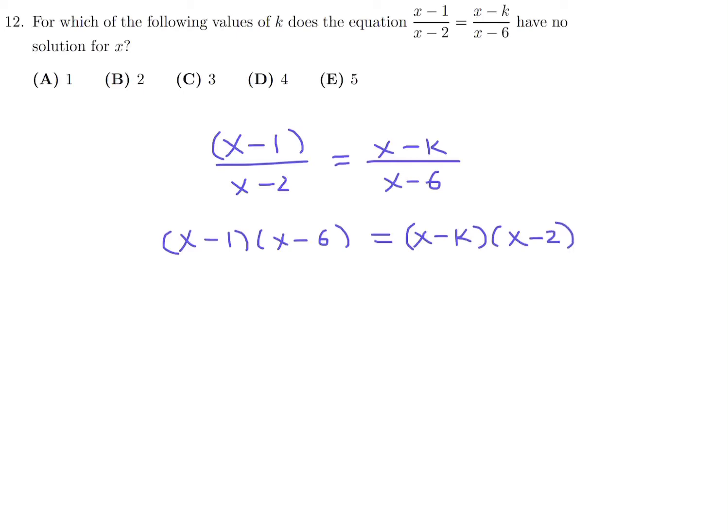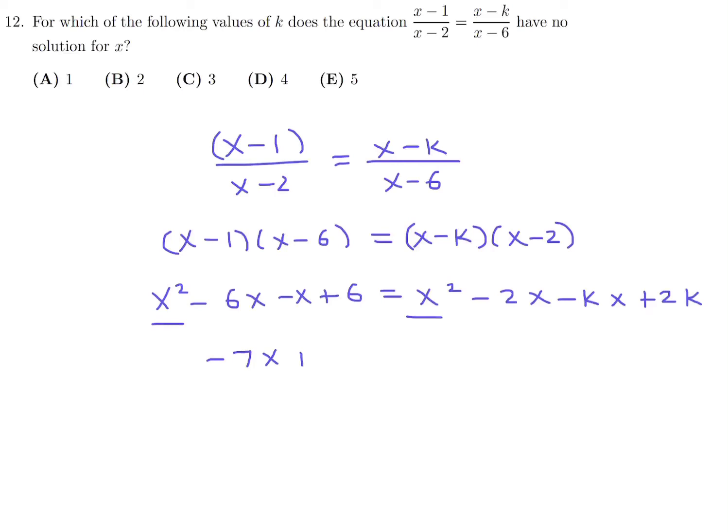So this gives x squared minus 6x minus x plus 6 is x squared minus 2x minus kx plus 2k. Correct? The x squareds go, and this looks like minus 7x plus 6 is equal to minus 2x minus kx plus 2k.